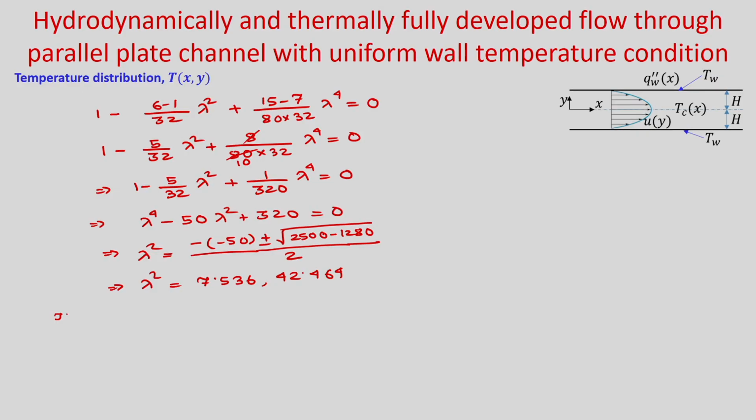So you can neglect that. You just consider the value of lambda square as 7.536, which will give the meaningful temperature profile.